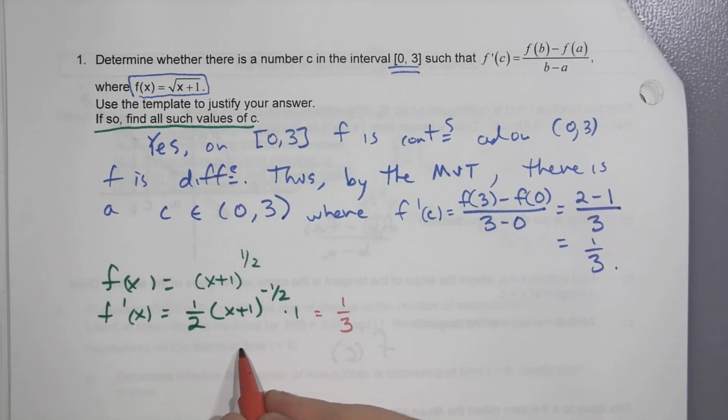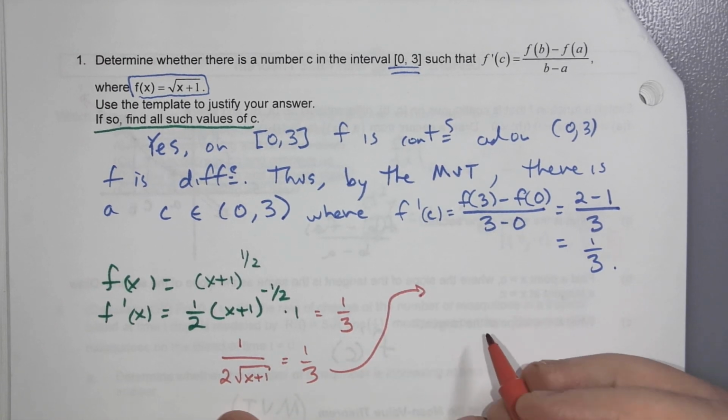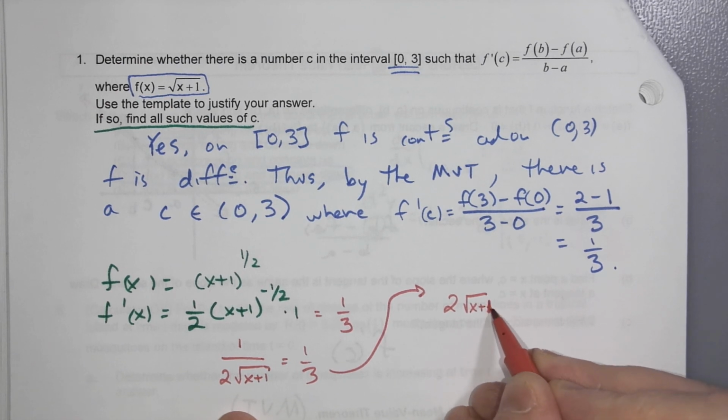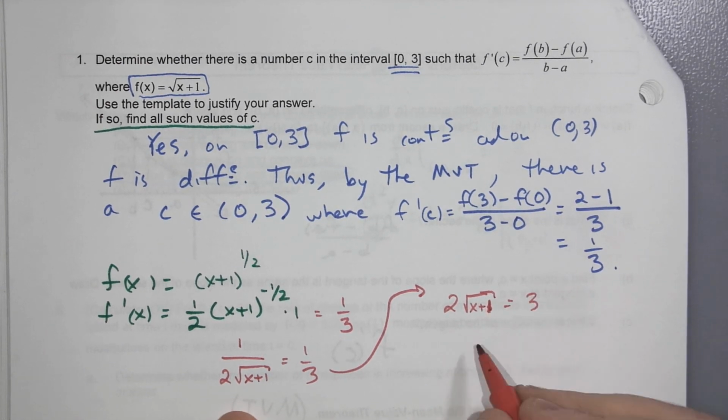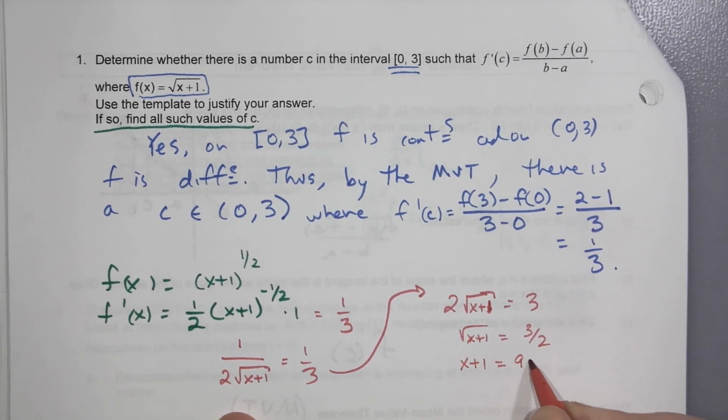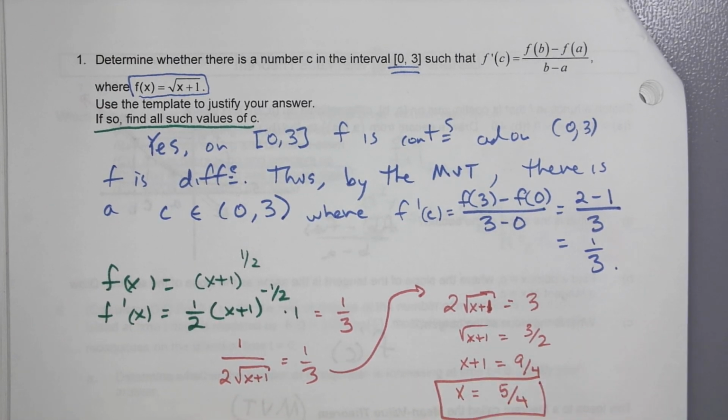This, of course, would happen if 1 over 2 radical of x plus 1 were equal to 1/3, which happens when 2 radical x plus 1 is equal to 3, which happens when radical x plus 1 is equal to 3/2, x plus 1 equals 9/4, and x equals 5/4, or about 1.25.